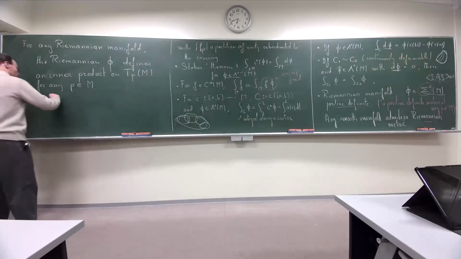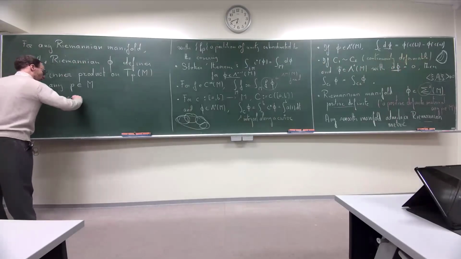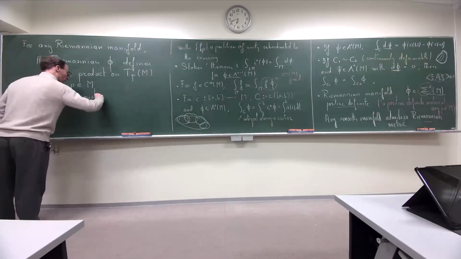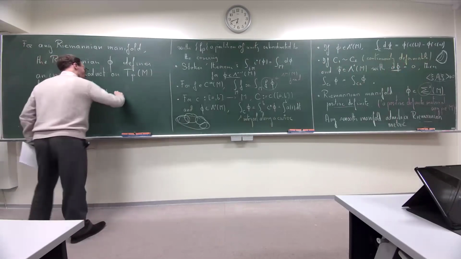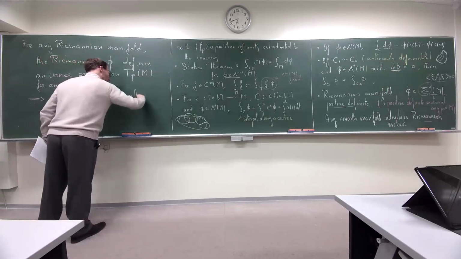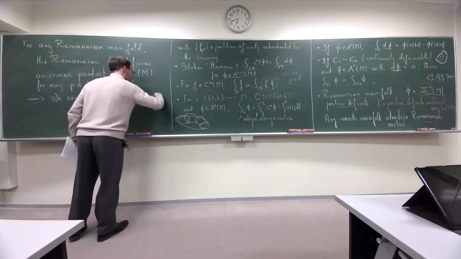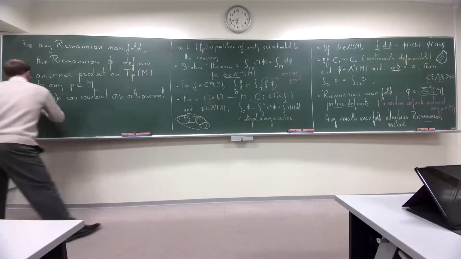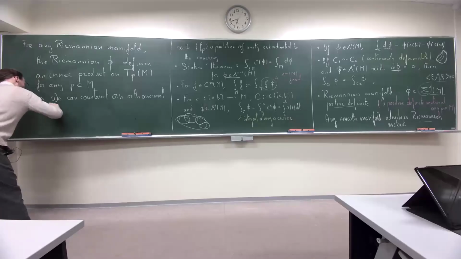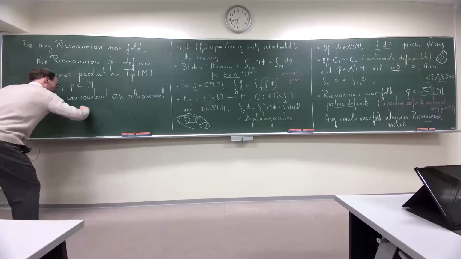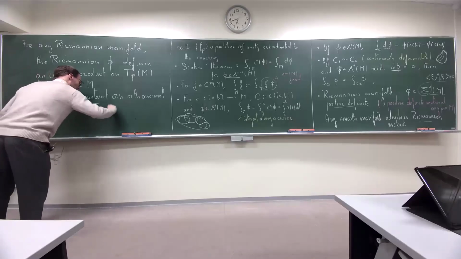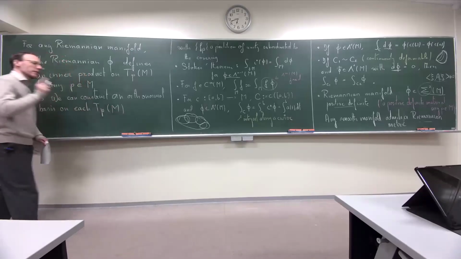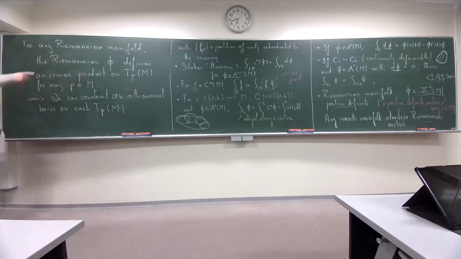So we can construct an orthonormal basis on each T_p. You can do this because you have this scalar product.